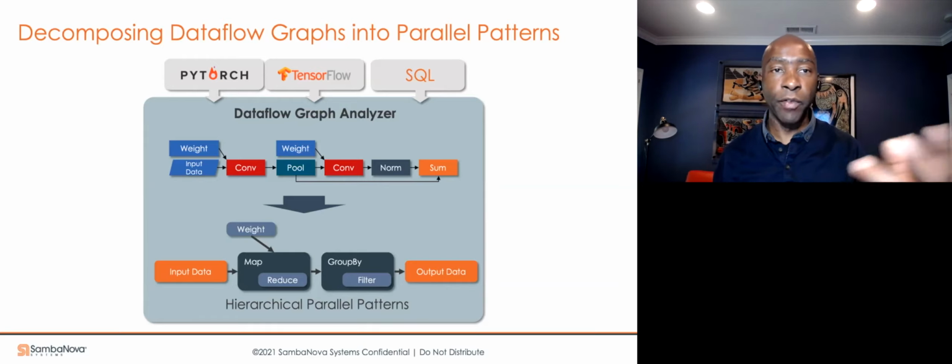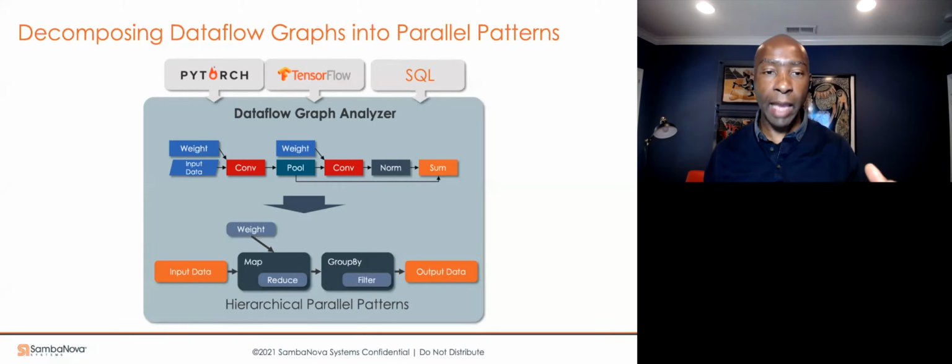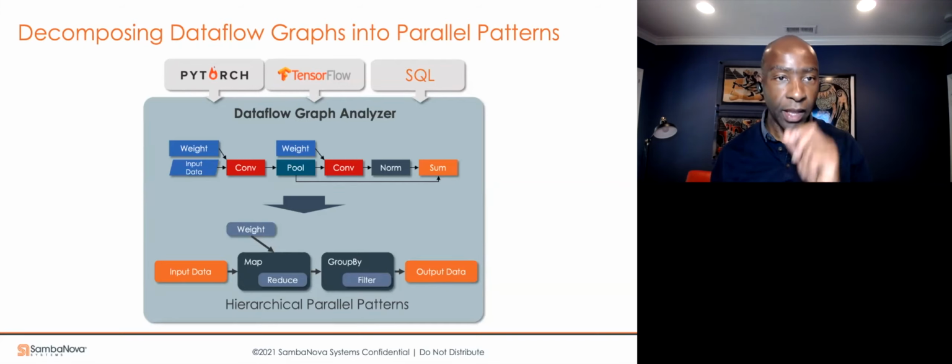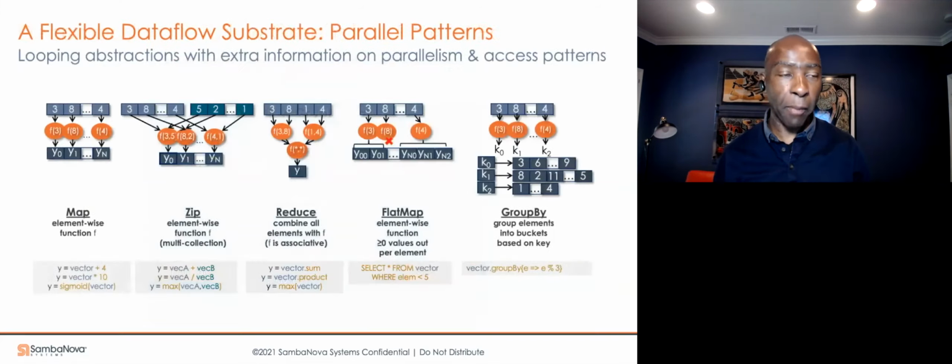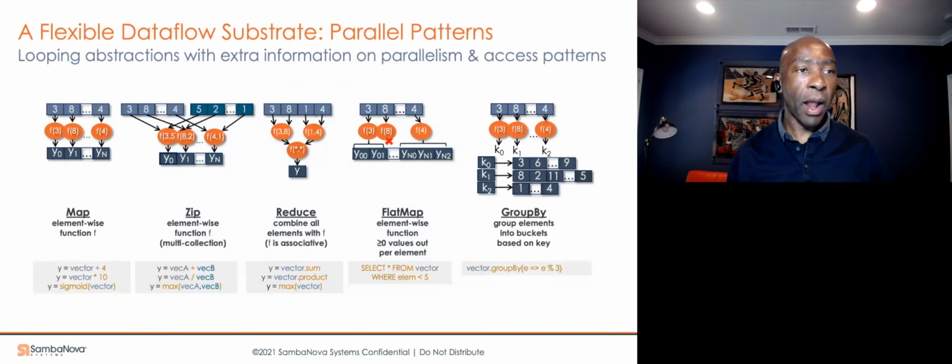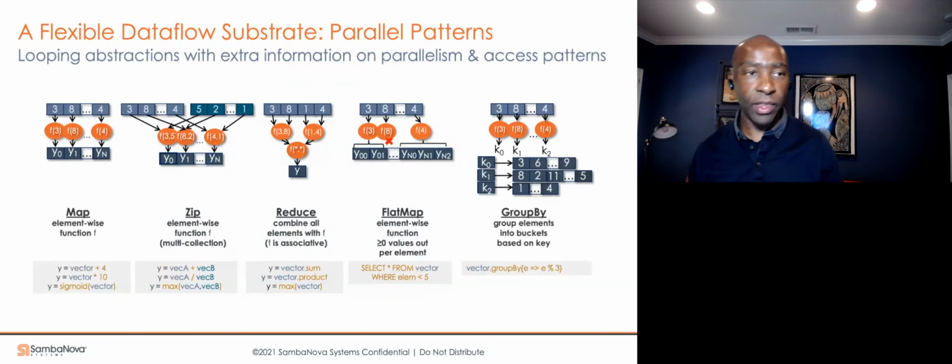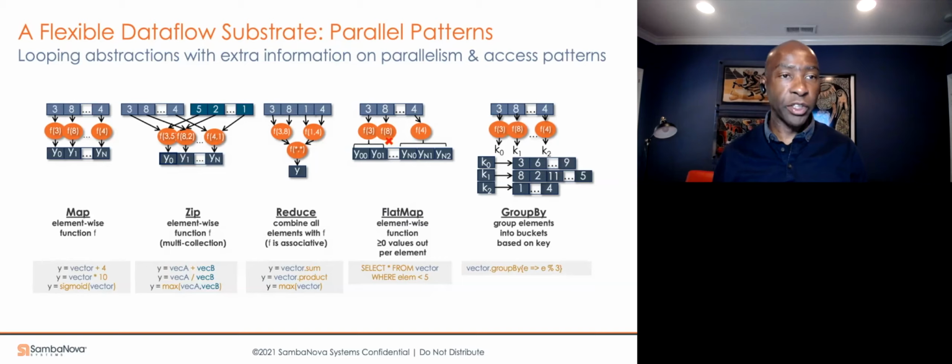Where you have filters and joins and your data structures are tables, but they could be decomposed into these parallel patterns. And just to say a little bit more about parallel patterns here, the ones you're typically familiar with are map and reduce, but of course there are others like zip, flat map, and group by.